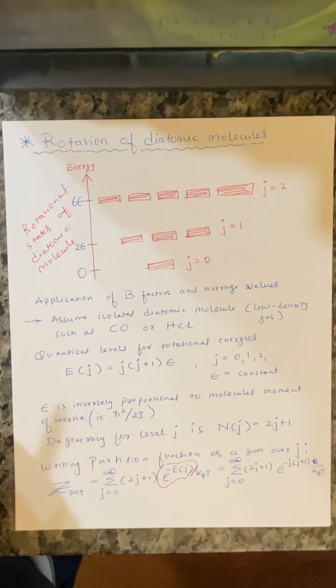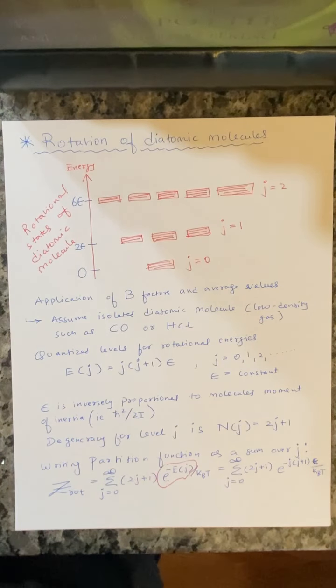There is no way to evaluate the sum exactly. But what we can do is evaluate the sum numerically for any particular temperature. We all know the partition function does depend on the temperature.